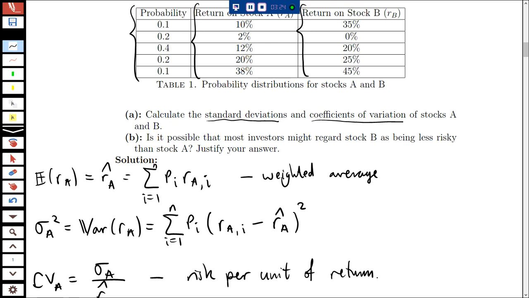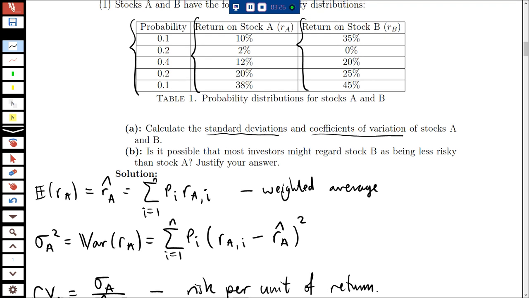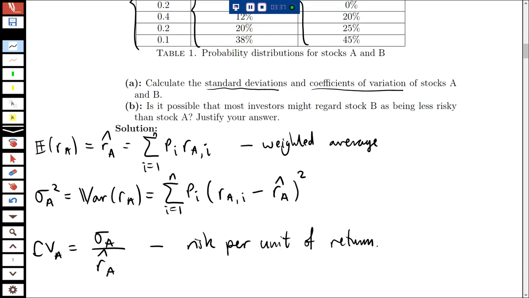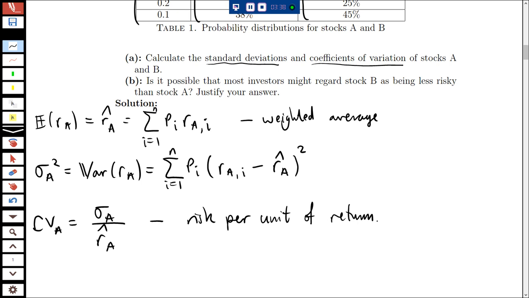Or it could be different outcomes, possibly Brexit, and the impact each of the cases would have on the returns. So that's something about the data in the table. The question asks for a standard deviation. Notice in the equation for standard deviation, we need the expected return, so we're going to have to calculate that as well. Okay, so let's get on with it.